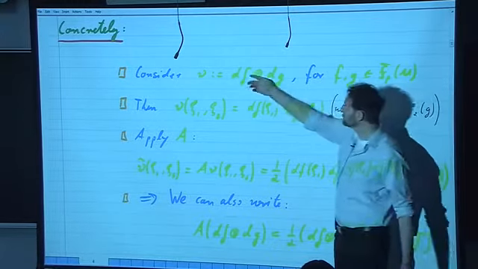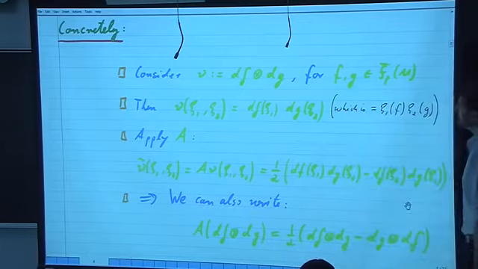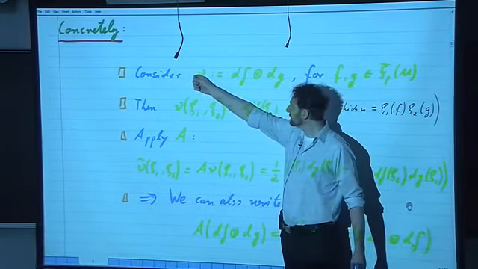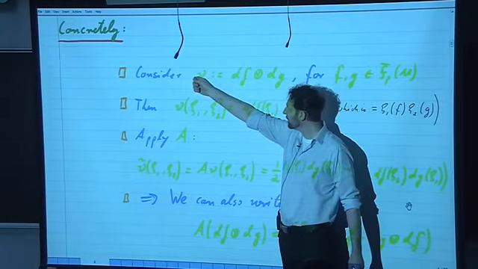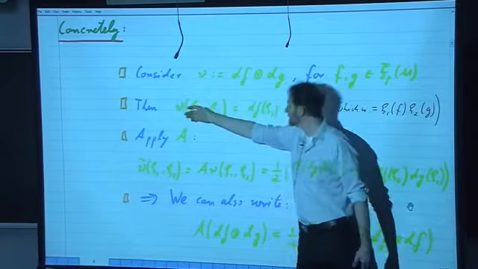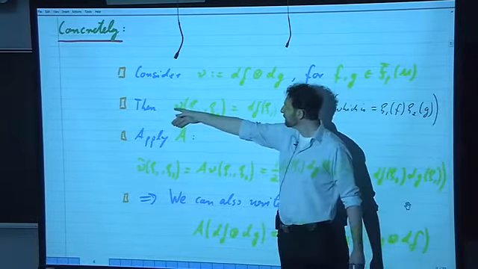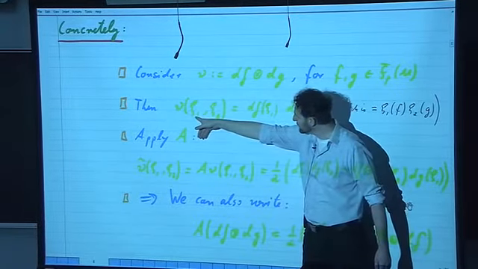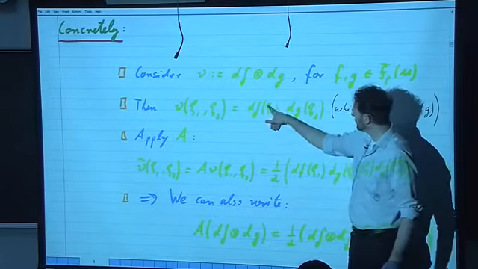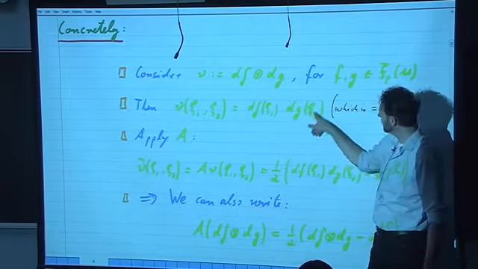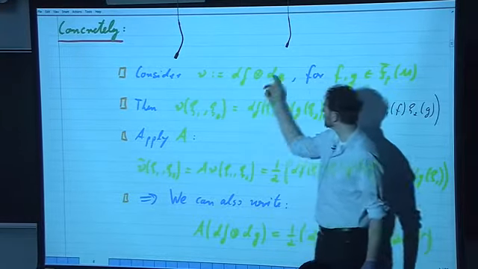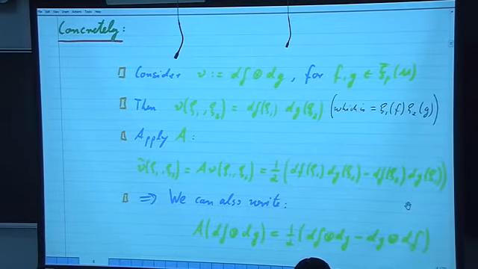That thing is not antisymmetric. If we evaluate this covariant 2 tensor on 2 tangent vectors, this is how we do it. Nu fed 2 tangent vectors, xi1 and xi2, gives us df applied to xi1 times dg applied to xi2. See, the first argument goes in here, second argument goes into the second tensor factor.